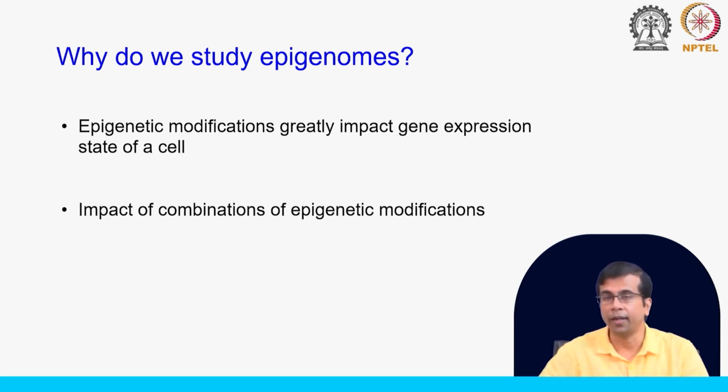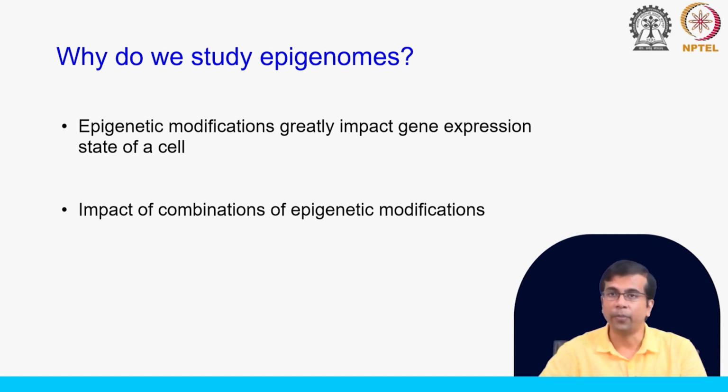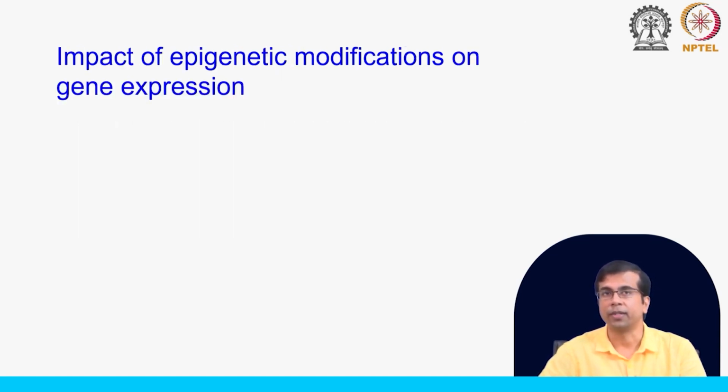You can take any combination, and these combinations will have a unique impact on the expression level. So this is what we want to understand: how epigenetic modifications across the genome impact the expression levels of the cell. This is very important for gene expression, and I will illustrate with some examples how these modifications impact gene expression.